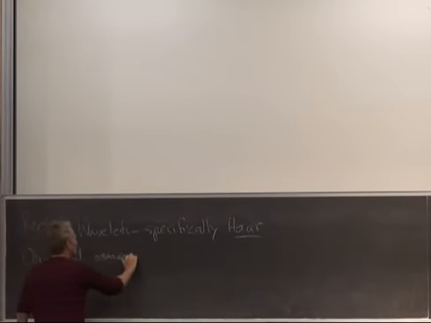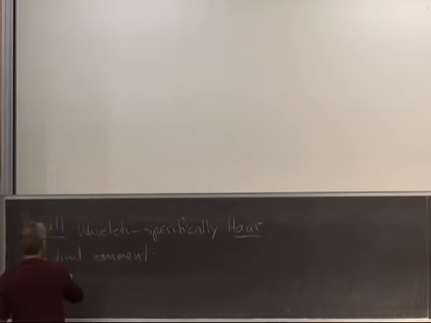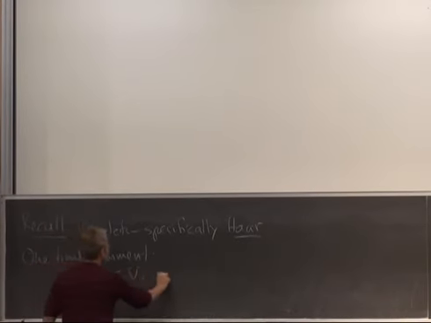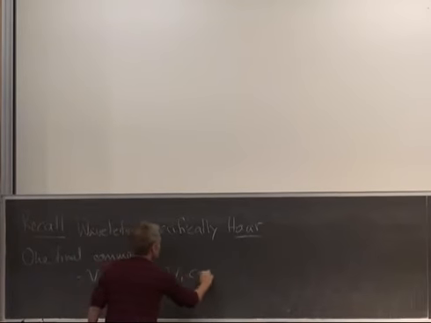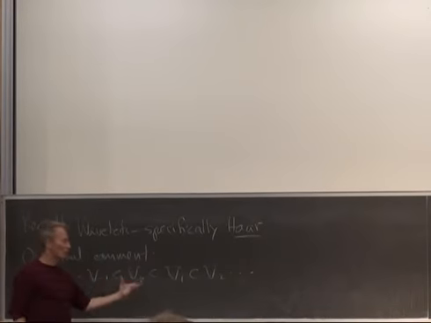Remember how I was explaining this sequence: dot, dot, dot, V sub minus 1 contained in V0, contained in V1, contained in V2, and so on. This is a sequence of subspaces of L2, and remember what V0 is. V0 is the set of all step functions that are constant on the intervals n to n plus 1.